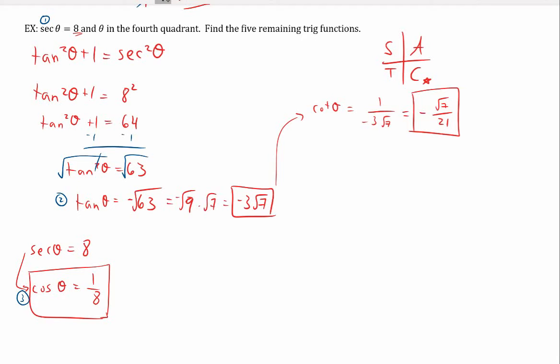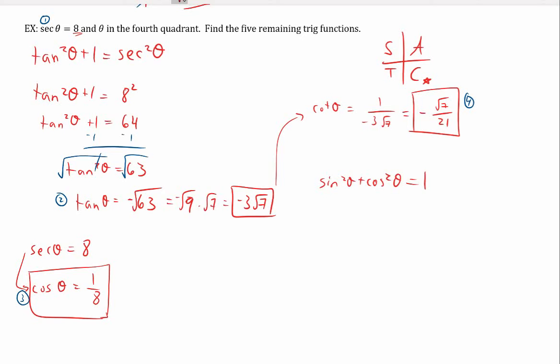So there's our fourth trig function value. Now we're missing sine and cosecant. We have a couple of options here, but if I were you, I would probably lean toward using the sine squared plus cosine squared formula.